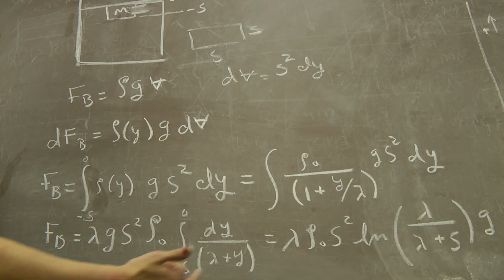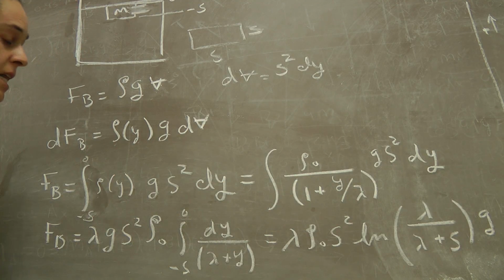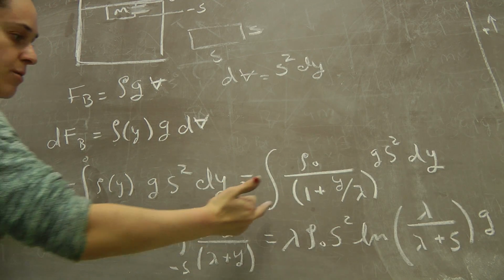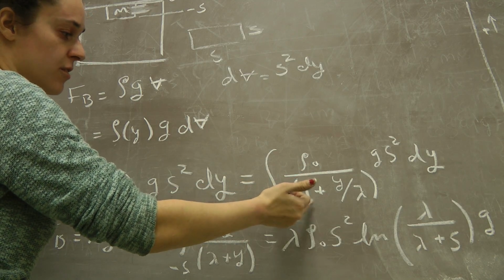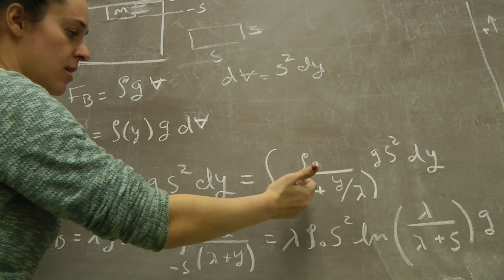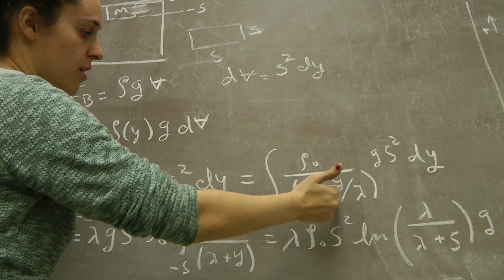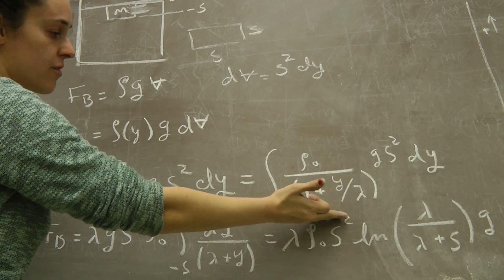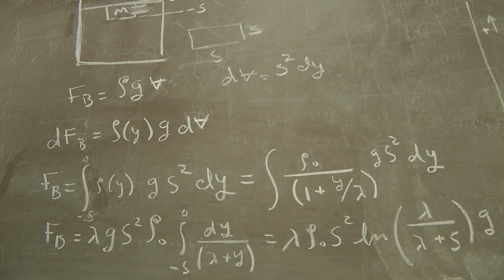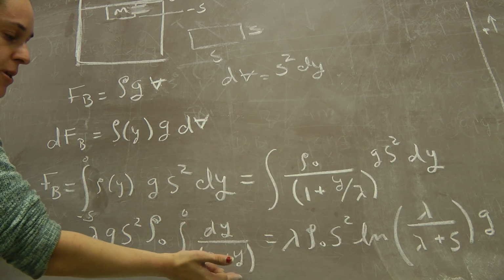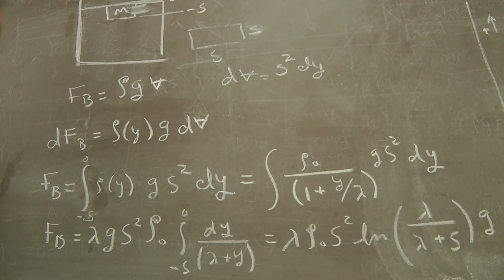And actually, if we multiply through by lambda, so if we remember that this is lambda over lambda, because it's 1, and we add lambda plus y all over lambda, and all over lambda actually means it's on the top, then that's what just happened here. That's why you get lambda plus y instead of this denominator.